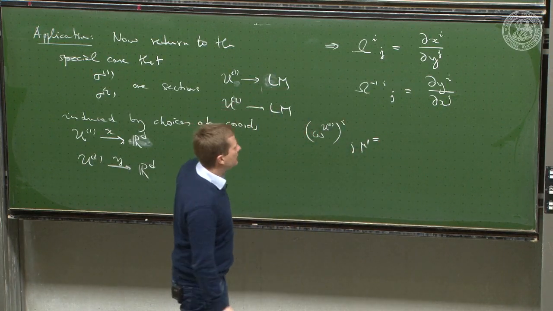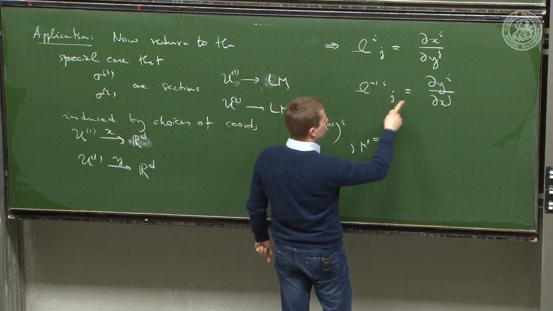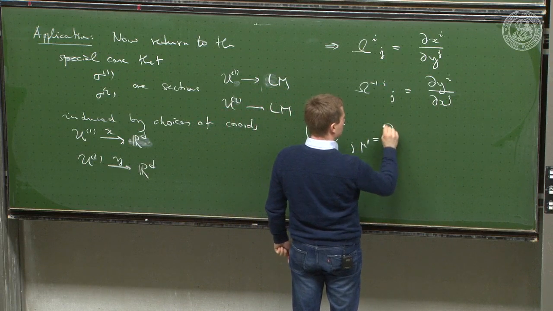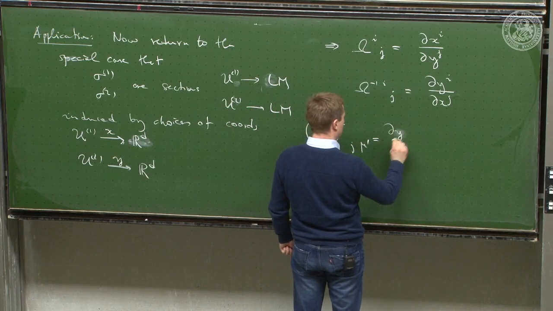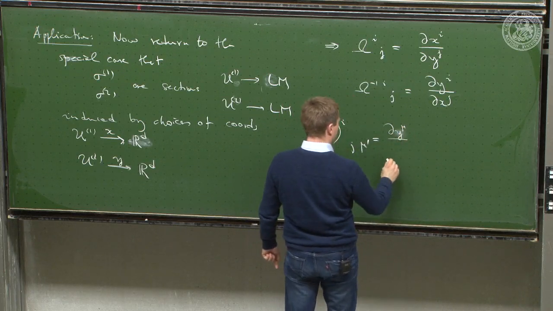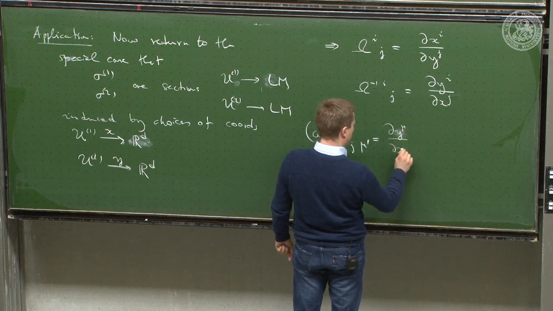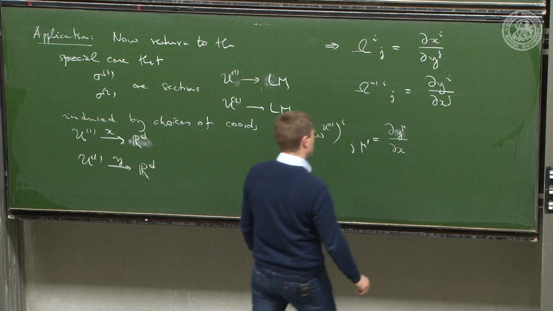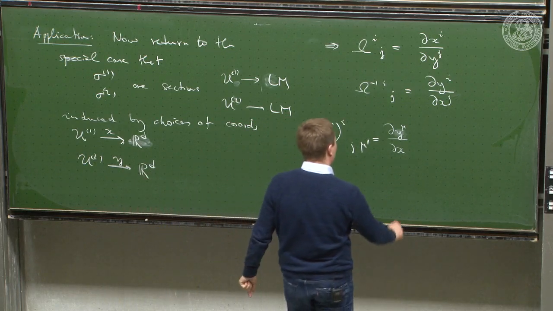And if you do that, okay, you need yet another Jacobian here. So you need dx, well in this case it's dy mu by dx mu prime.